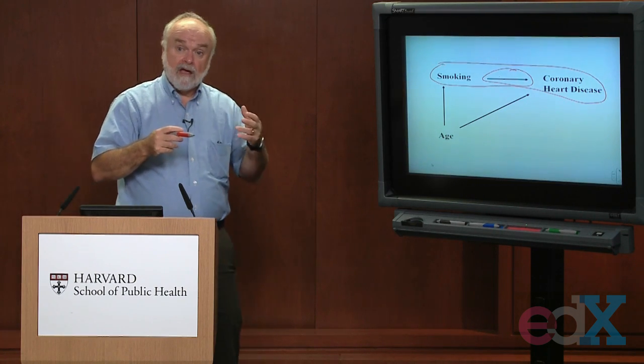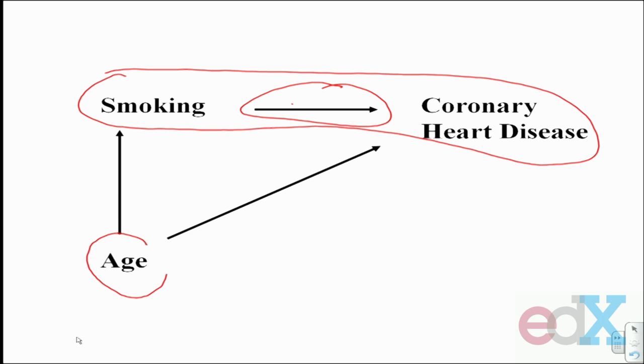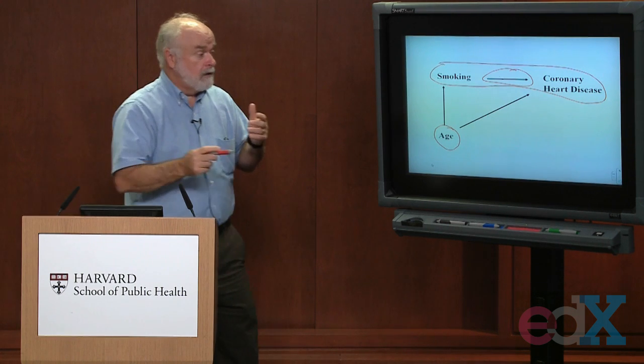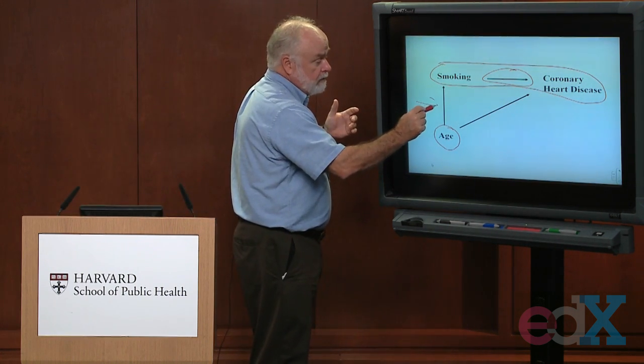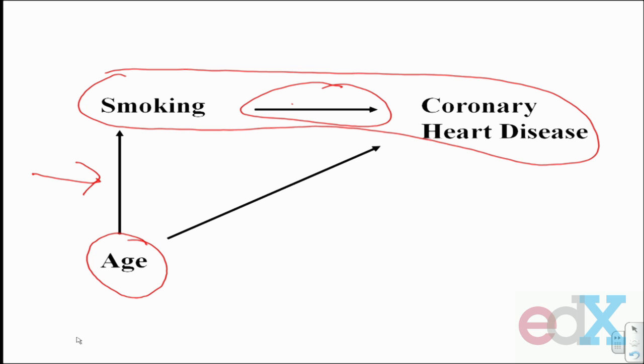But in the previous slide, the scenario I just gave you, there's this other factor, age, that has two anticipated relationships. I told you that the smokers in the study were younger than the non-smokers. There's a relationship in the data between whether a person's young or old and whether he's a smoker or a non-smoker. The smokers are younger.